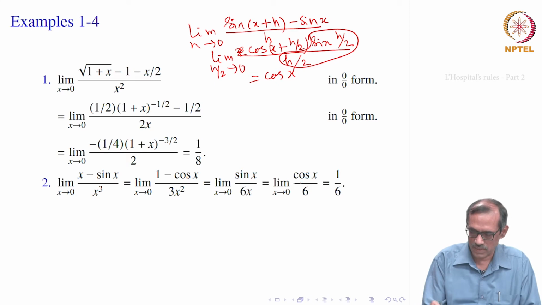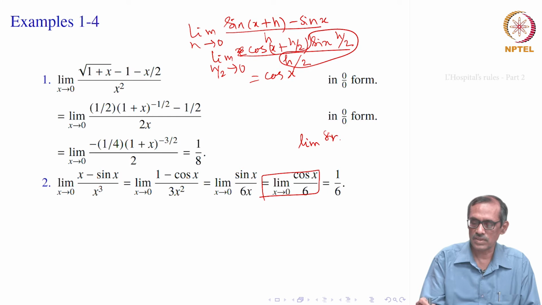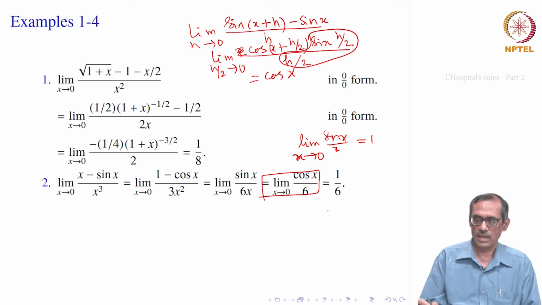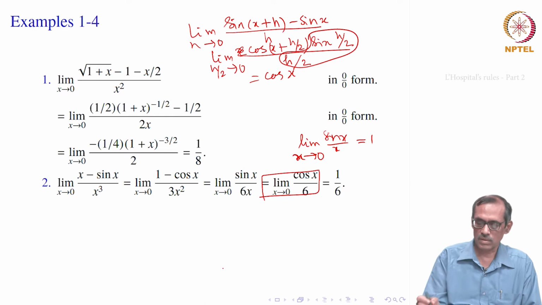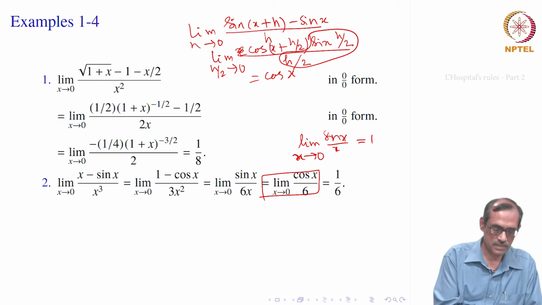Therefore, it is really a bit circular to use it like this. So, you would better say this is equal to 1 by 6 directly, because we know the limit of sin x by x as x goes to 0 is equal to 1. But this is not wrong, it will give the same answer anyway. So, this is equal to 1 by 6.